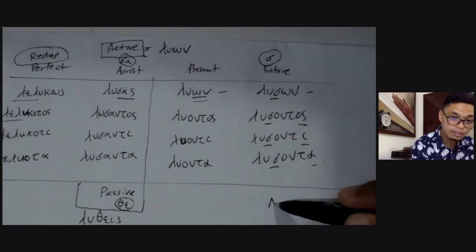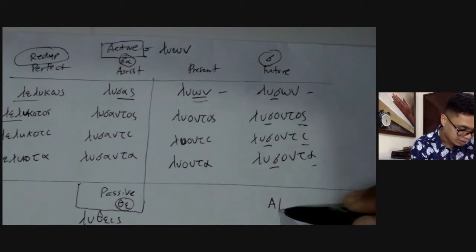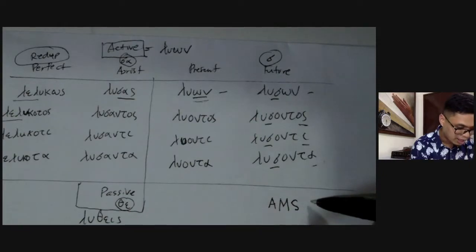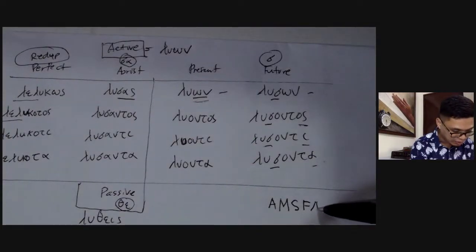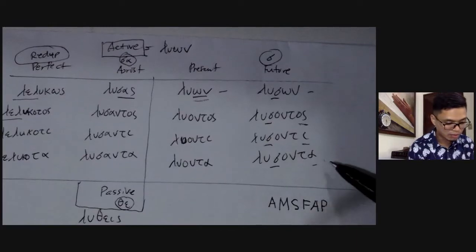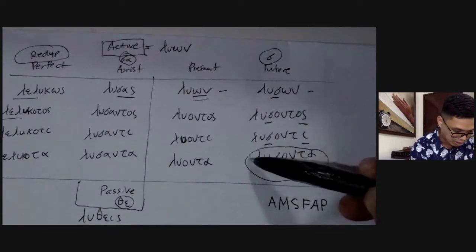Accusative, masculine, singular. And then future, that's sigma. Future, active, because we're doing active, participle. So this is an accusative masculine singular, future active participle. Lusonta. That is the parsing.